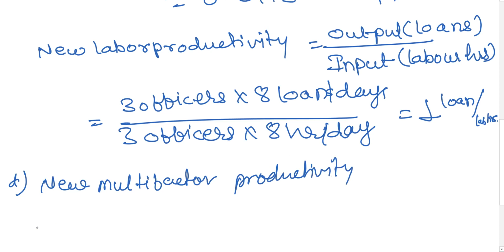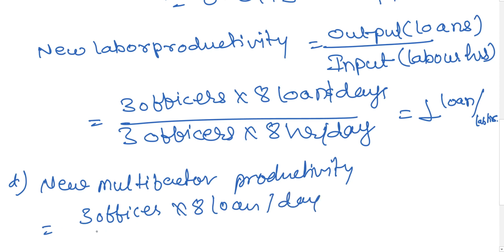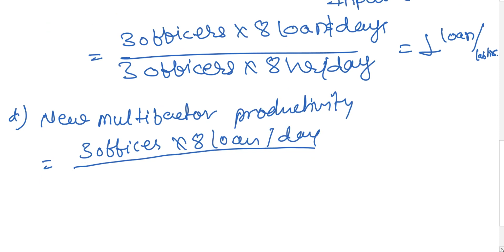So here we know that the output is 3 officers into 8 loans per day. If we divide, okay, input means labor cost is 820 per officer cost per day, and the overhead has now increased from 500 to 550.